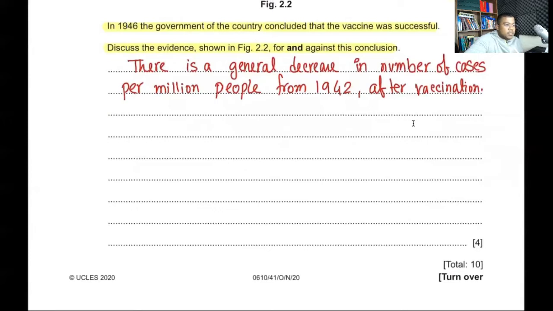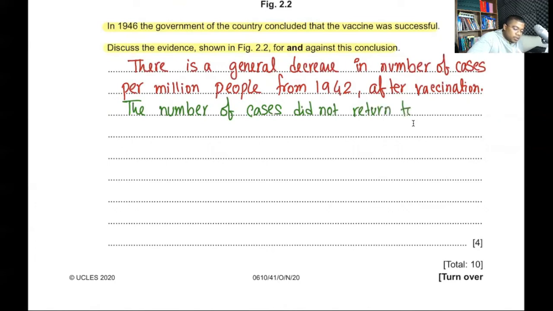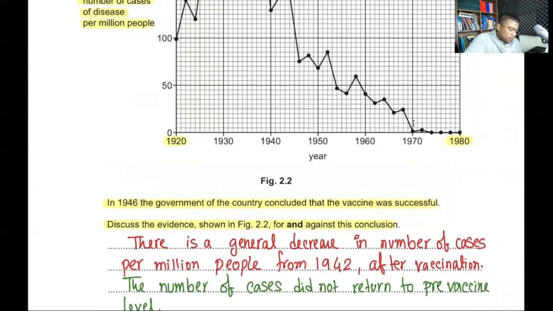The number of cases did not return to pre-vaccine level. There are no cases from 1974. We can see from 1974 onwards, there are 0 cases.